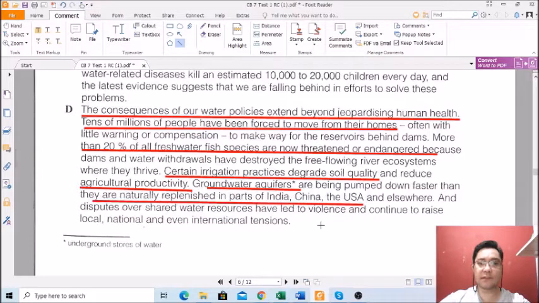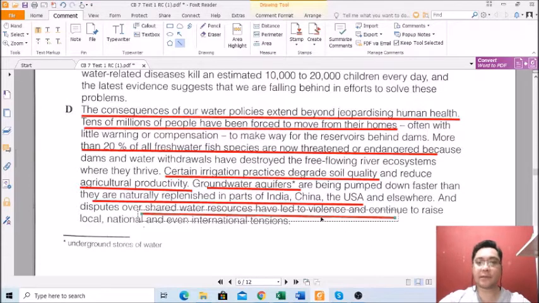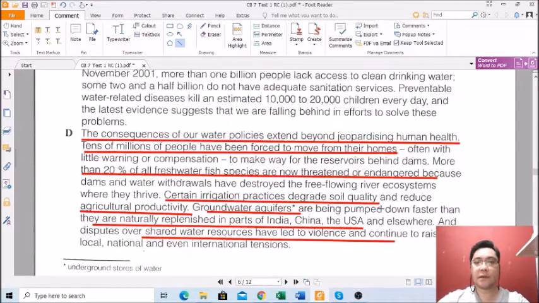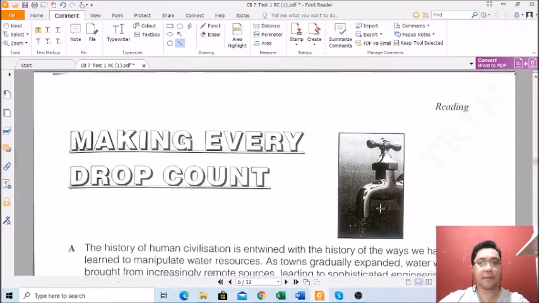So it seems that these are all the effect of what the situation is all about. So it can be seen here that the importance of this paragraph is to tell us about the effects or the impact from the current situation regarding water.